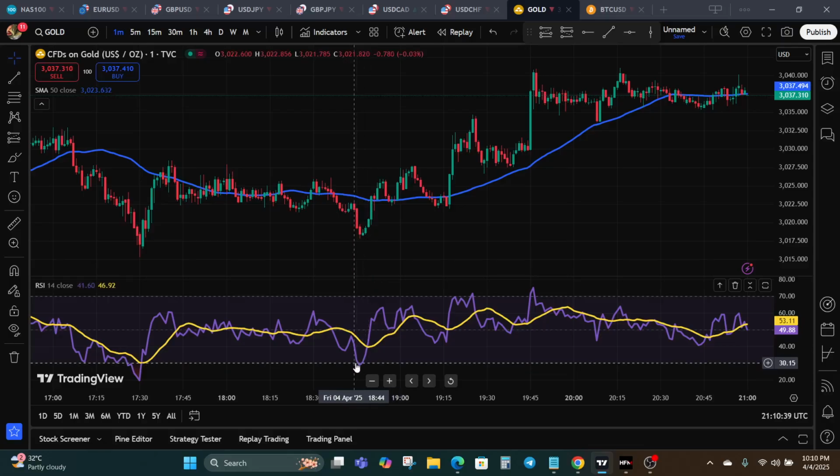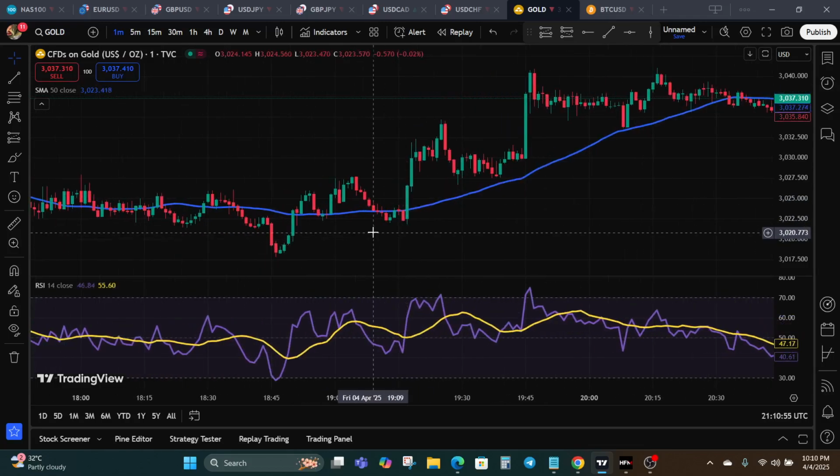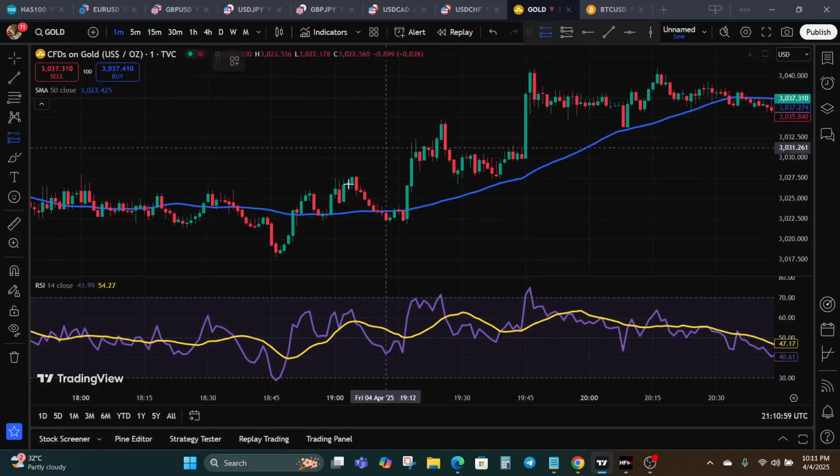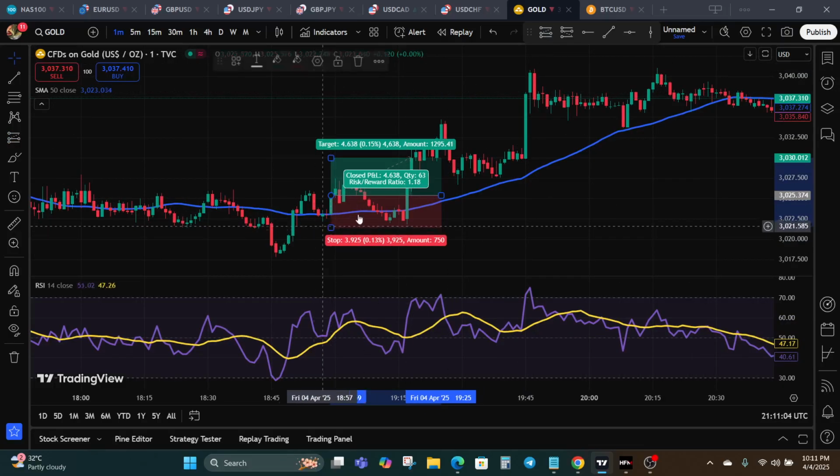For example, in this case, we see that the RSI crossed below the 30 level and then shortly afterwards climbed back above it, and then not long after, price climbed above the 50 SMA and even tested it. So this would have been a good place to enter a buy after this bullish candlestick pattern formed.